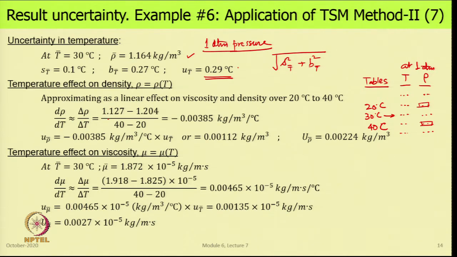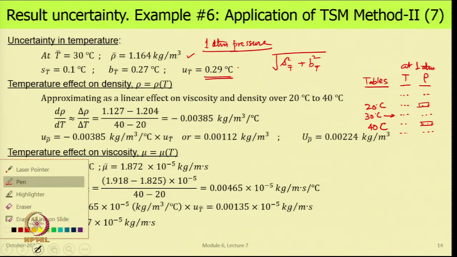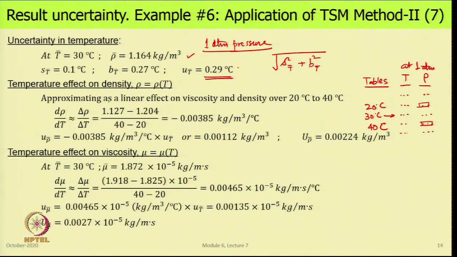This is a numerical technique of calculating the sensitivity coefficient. At 40 degrees Celsius, it is 1.127, minus 1.204 at 20 degrees Celsius, divided by 40 minus 20, and we get d rho by dt as minus 0.00385 kg per meter cube per degree Celsius.